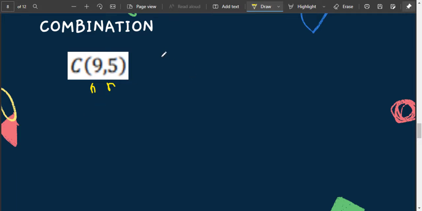So, ang formula natin is NCR. It's equal to N factorial over N minus R factorial times R factorial. Para lang siyang permutation class pero nalagyan natin ng factorial sa labas. Okay? So, ngayon, lagyan natin siya sa formula.